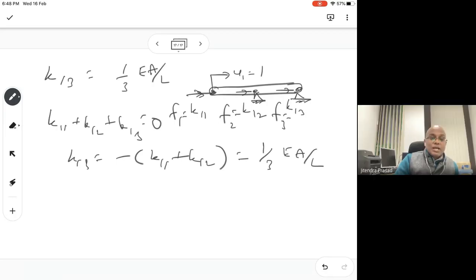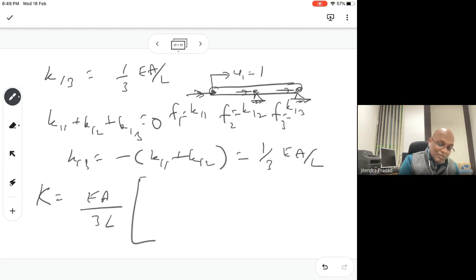Okay, so similarly for other terms, you can find out that way. Next will be K. So far, what do we know? We know K is equal to EA over 3L times the matrix, and so far we get 7, minus 8, and 1.